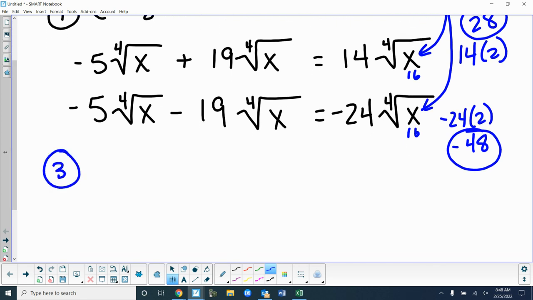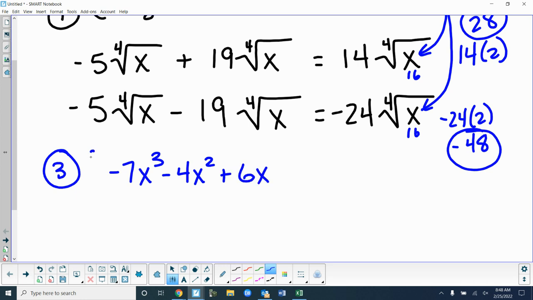All right, so for number 3, they gave it to you, I'm gonna put it in the order we like it, all right? So I'm gonna put the negative 7x cubed first, the negative 4x squared second, and the positive 6x third.